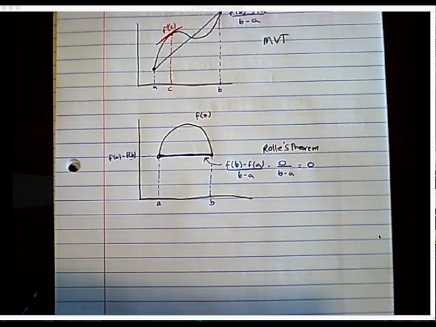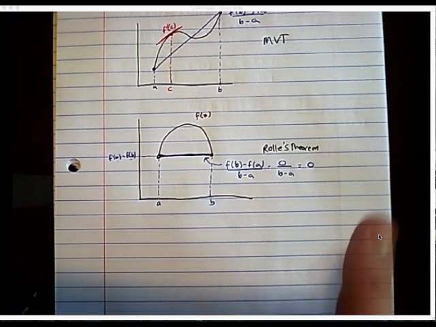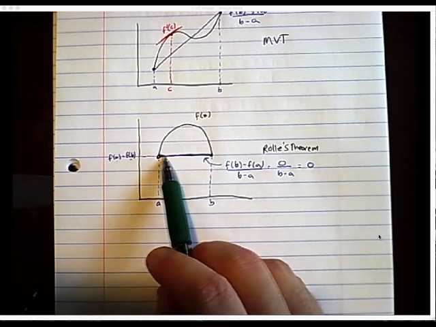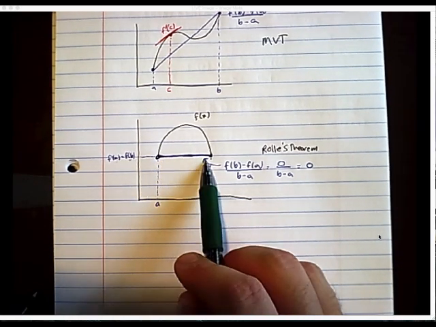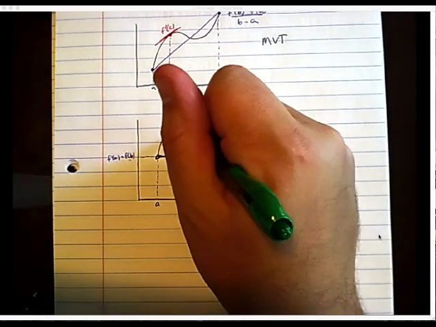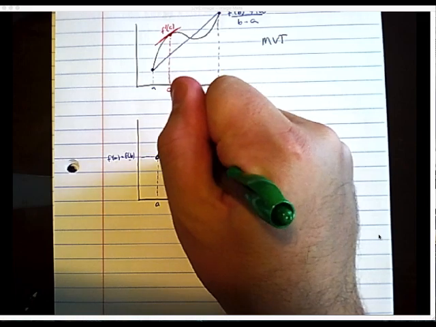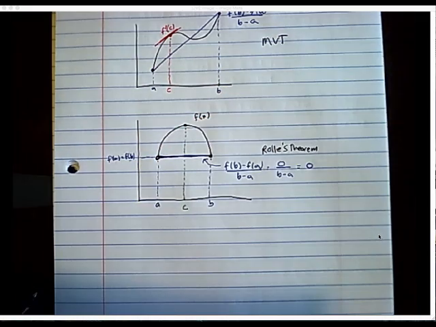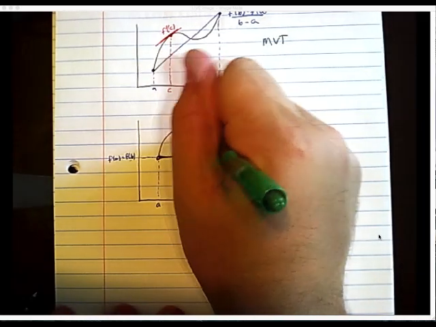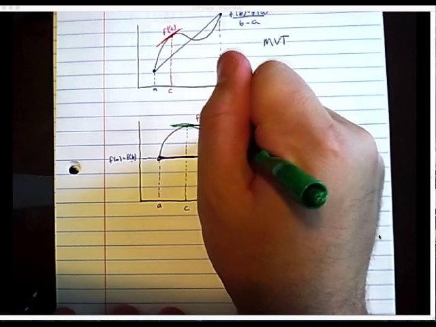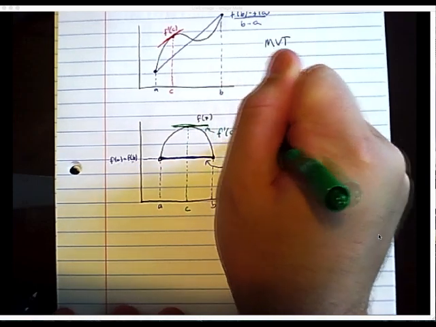So that's how Rolle's theorem is a little special compared to the mean value theorem in general. If the slope of the secant line is 0, which means that f of a equals f of b, then there's got to be a point somewhere in the interval at c where the tangent line would also have a slope of 0. So here, this would mean that f prime of c equals 0.